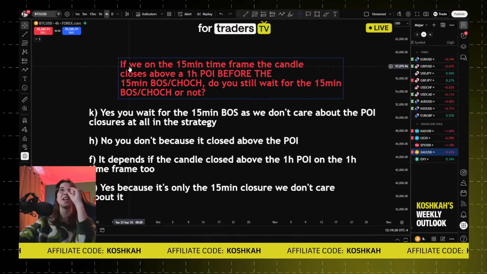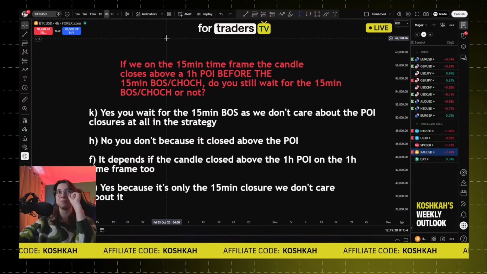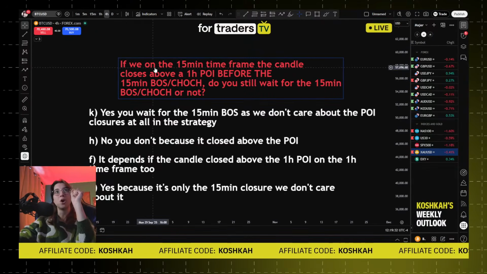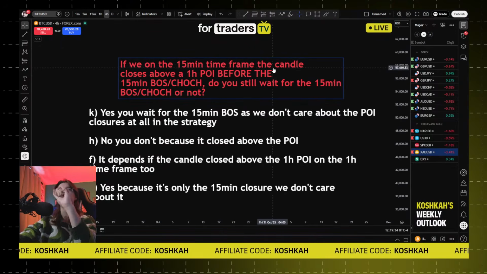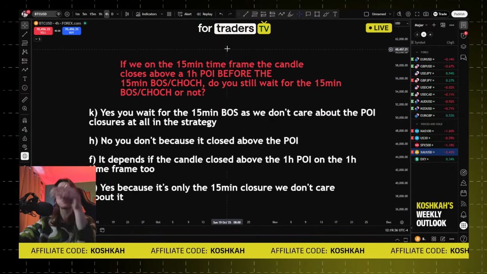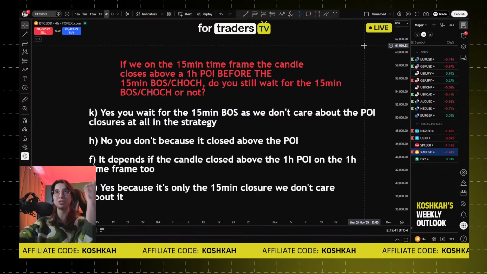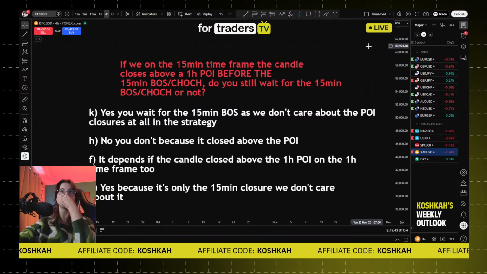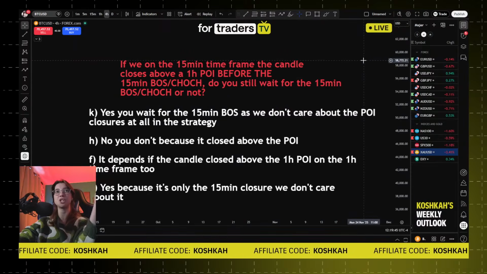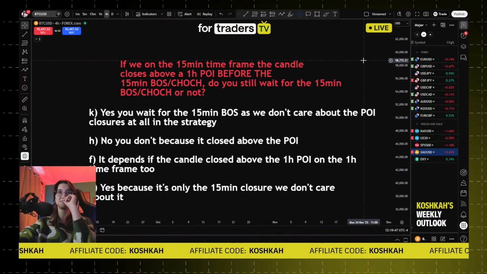Okay, guys, again, if on the 15-minute time frame the candle closed above a 1 hour POI before the 15-minute change of character / break of structure, do you still wait for the 15-minute change of character or not?